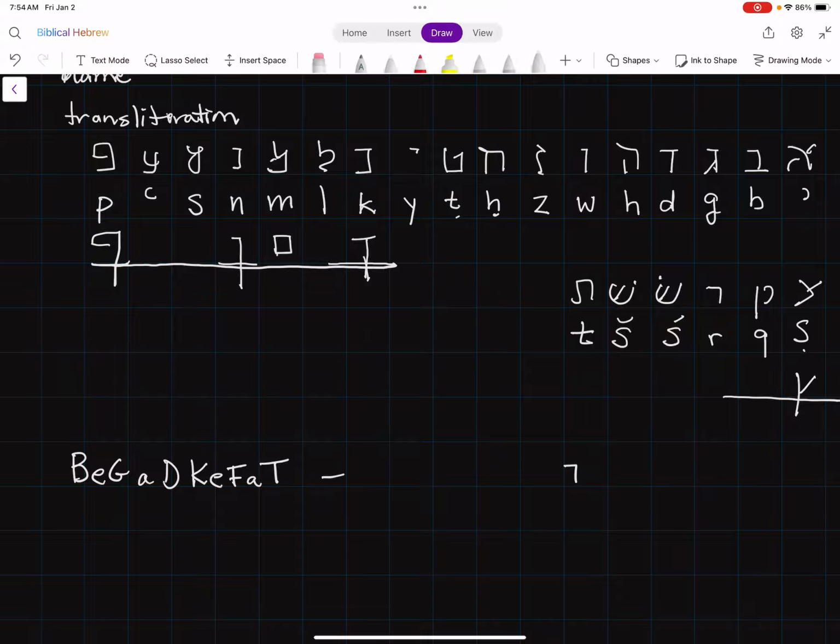That's Bet, Gimel, Dalet, Kaf, Pei, Tav. These are letters that are able to take what we call a Dagesh Lene. That is the dot in the middle of the letter.